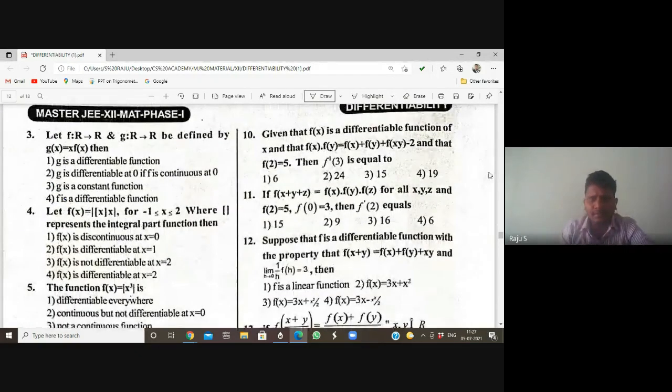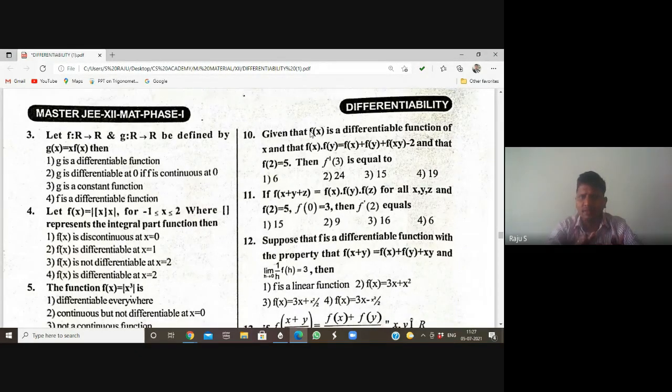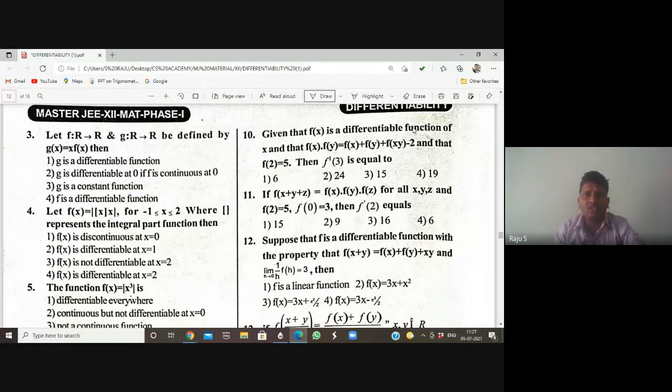Okay, 10th one is given that f of x is differentiable. Already they given differentiable, and f of x is a function of x variable. See what we have to do here. f of 2 is given. f dash of 3 we need to find. For that, is any f of x function given?